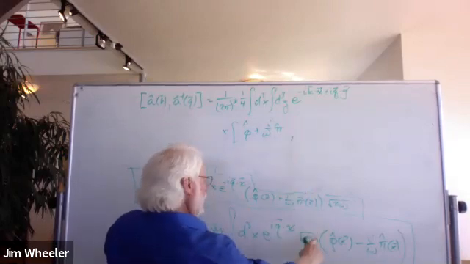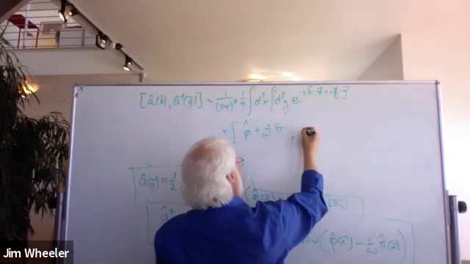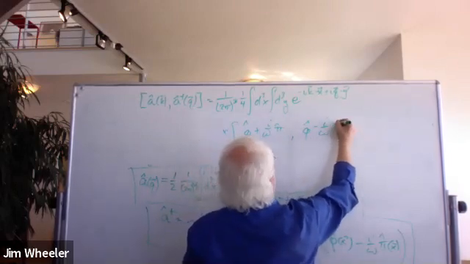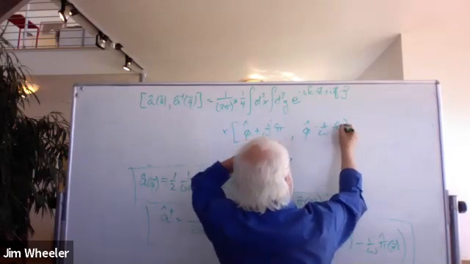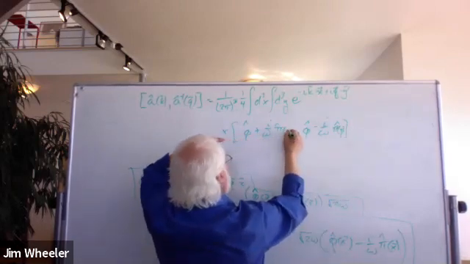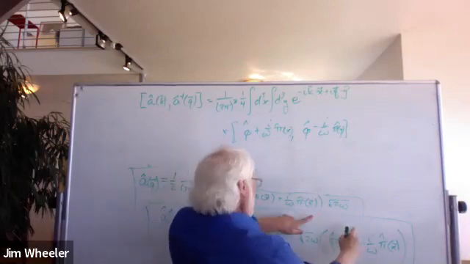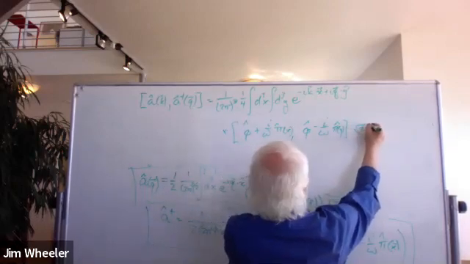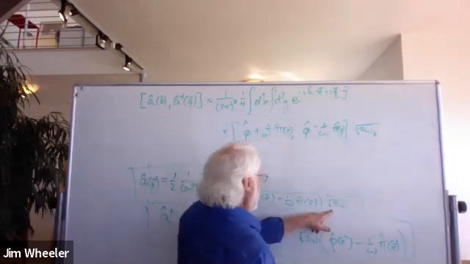I'll pull the root 2 omega out. And then we have phi hat minus I over omega pi hat. These guys are at y, these guys are at x. And then we have this root 2 omega, and that's omega k.